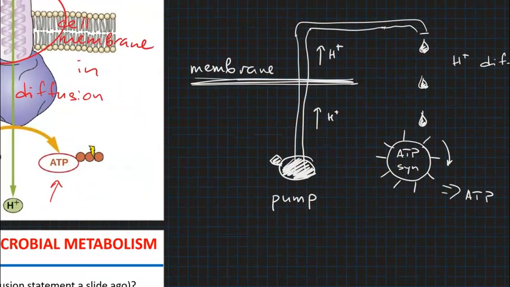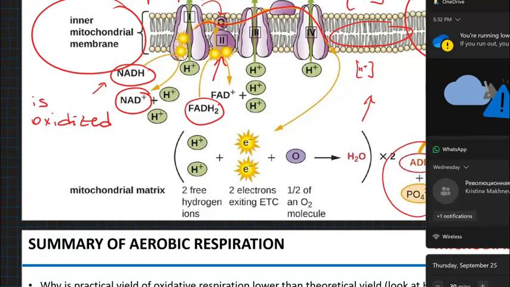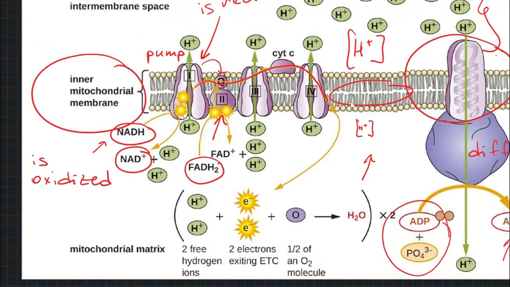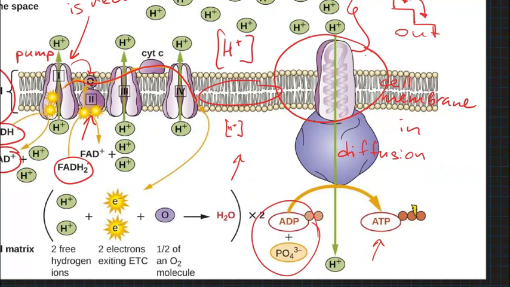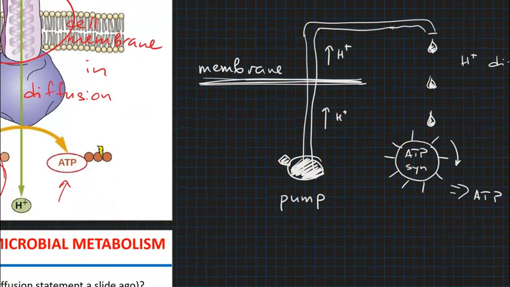Now, what provides energy for pumping? Nope. Electrons. That's it. You don't need to add anything. Electrons provide energy for pumping. So right here, we have a little gas tank with electrons.